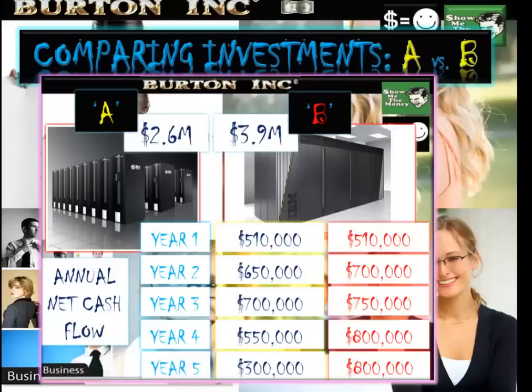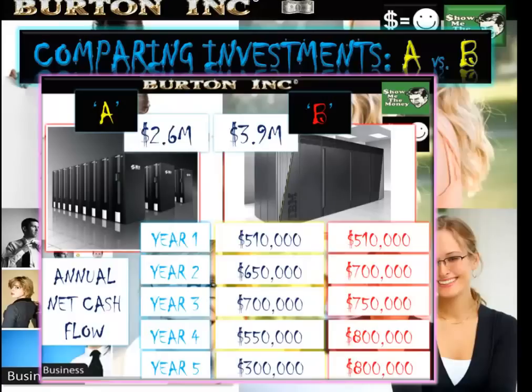So year one, asset A is generating $510,000 in net cash flow. Investment B, the same amount. Year two, $650,000 for asset A, $700,000 for asset B, and right down. It looks like the assets are going to last 5 years, have a useful life expectancy of 5 years.